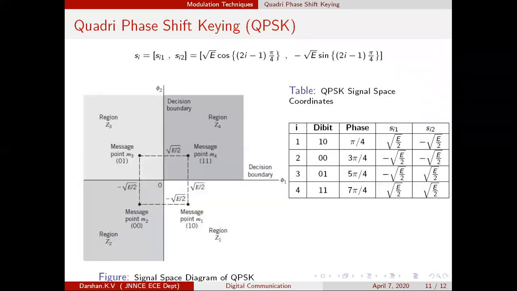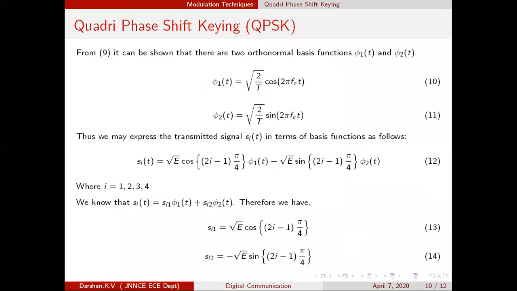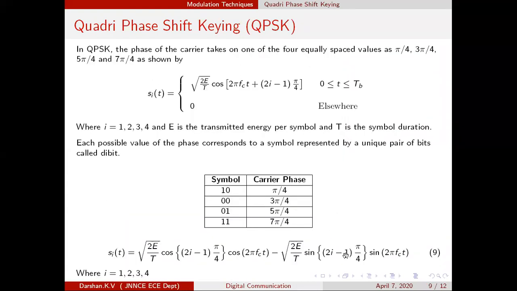With this we will stop today's discussion, and tomorrow we are going to study QPSK transmitters and receivers. To understand the QPSK transmitter and receiver, you are supposed to know the basic equations. What is the very basic equation of QPSK?